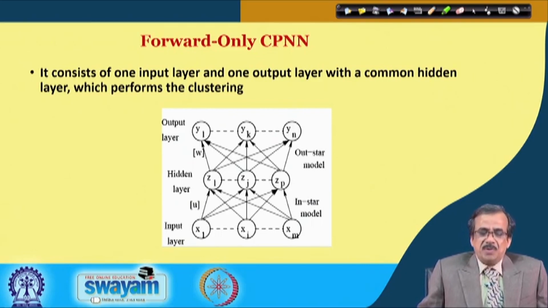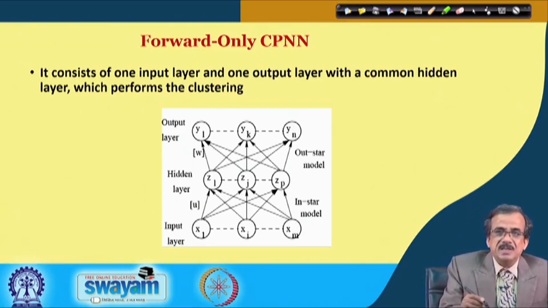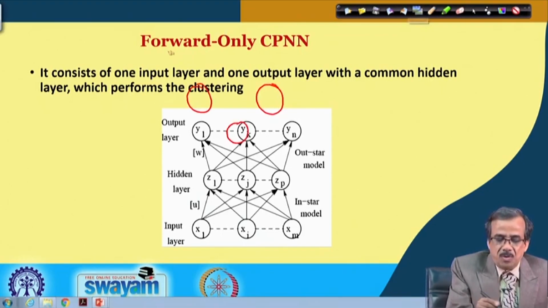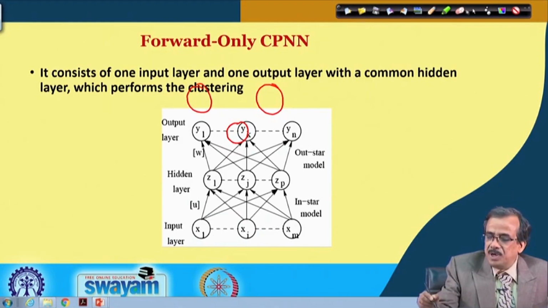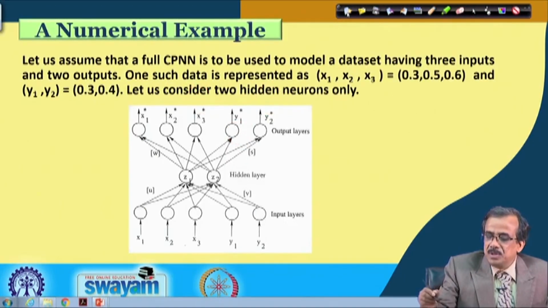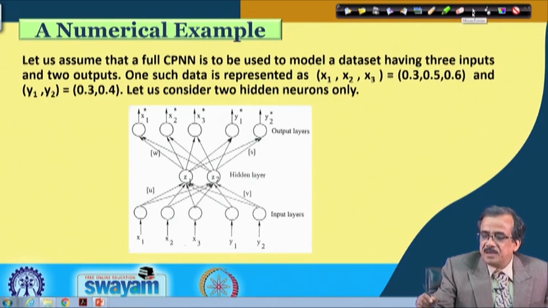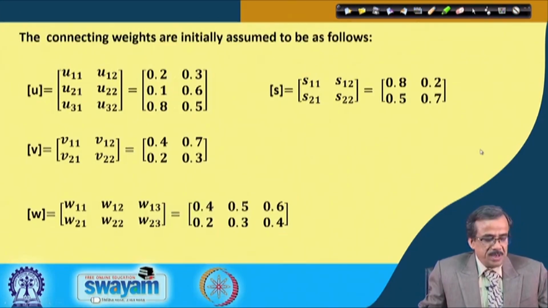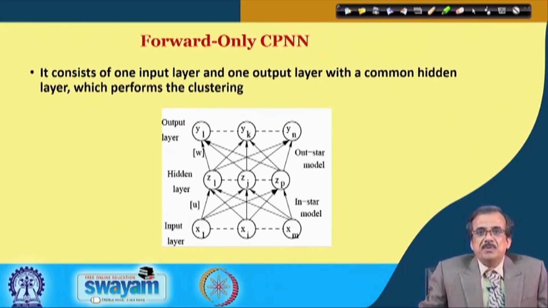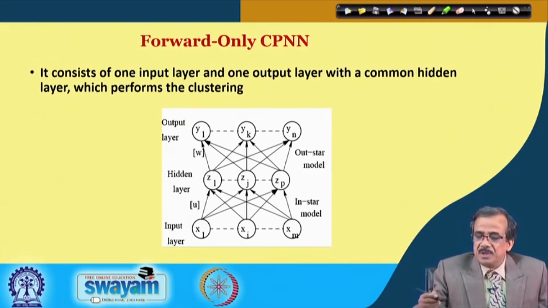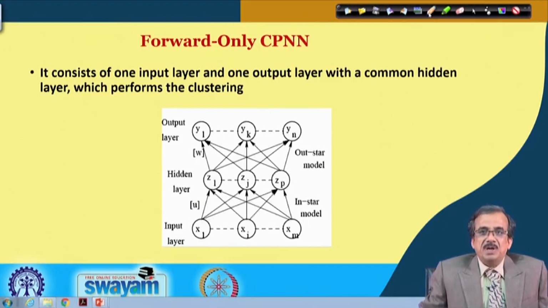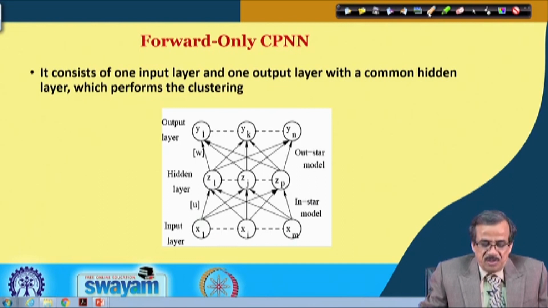For this forward only CPNN, it is simpler in fact. Here we consider only one input layer and only one output layer, and in between we have one hidden layer. The construction looks like this.